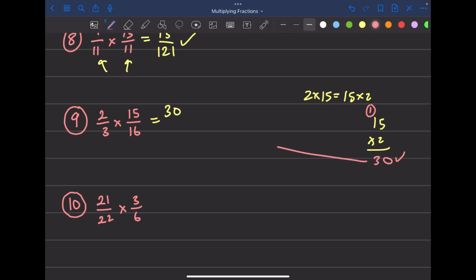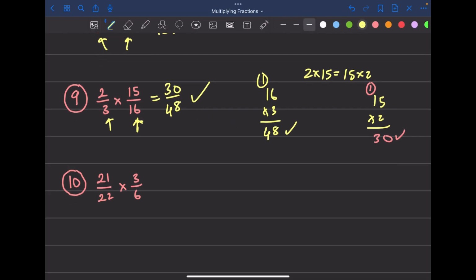And then the denominator is pretty simple again. All you have to do is 3 times 16. I know this because I've done it so much, but it should be 48. Let's do it on the side again. 16 times 3. 6 times 3 first is 18. So 8 on the bottom, 1 on top. And then 3 times 1 is 3, plus 1 is 4. So 48. And that's it. We are done this question.